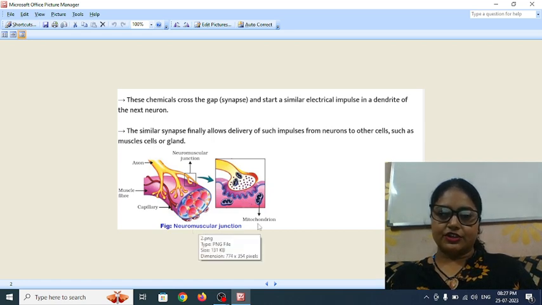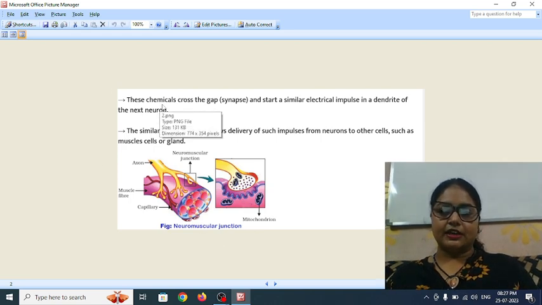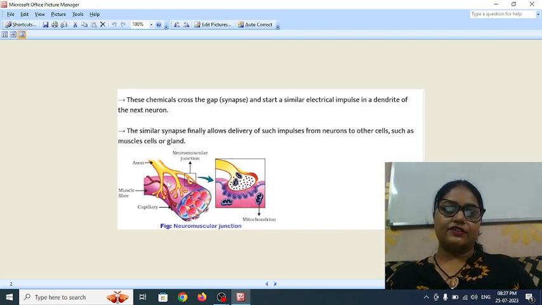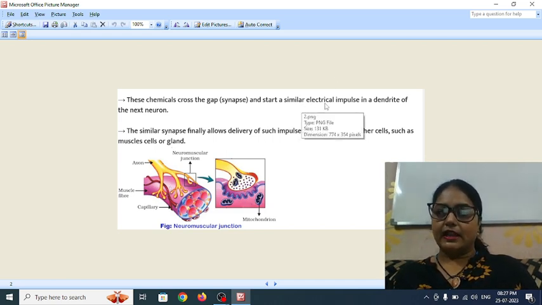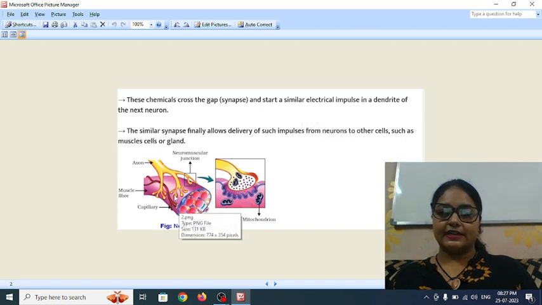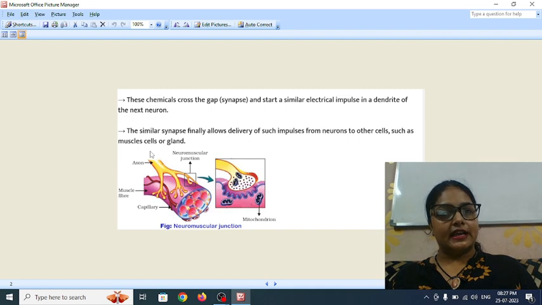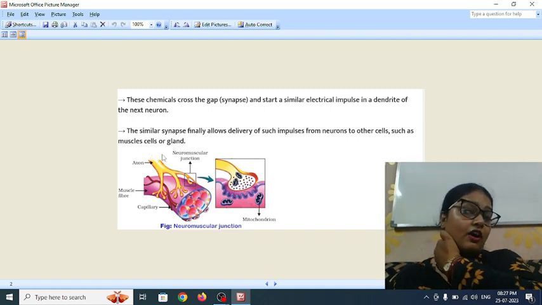Neuromuscular junction means where the neuron cells are connected with each other. Now these chemicals cross the gap, the synapse. Now look here, there is a gap where one neuron cell is attached with another neuron cell. This gap is called the synapse. It means the dendrite is getting the signal and making an impulse, and the axon will send the signal to the dendrite of another neuron cell.